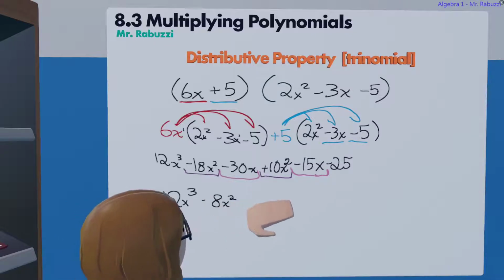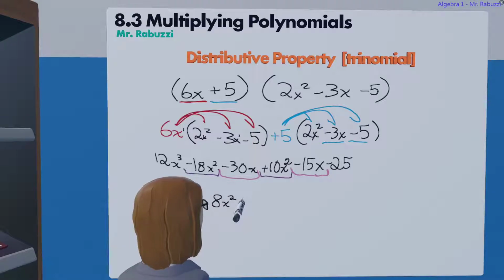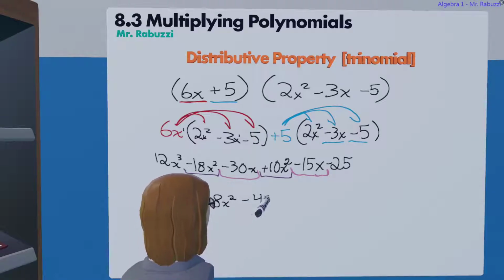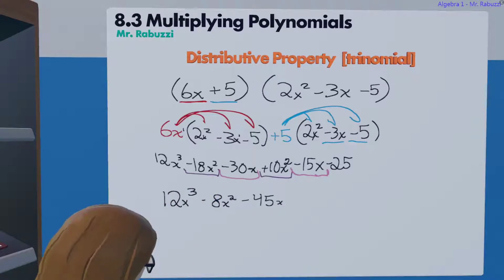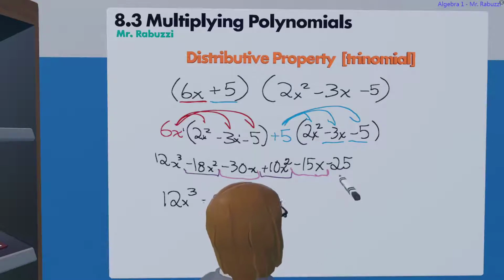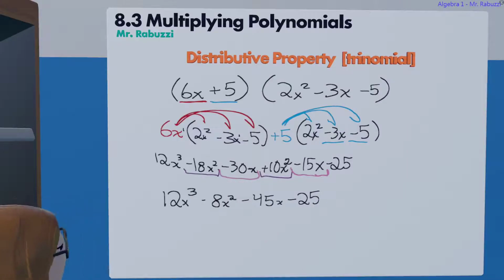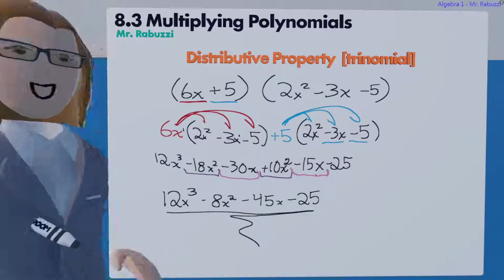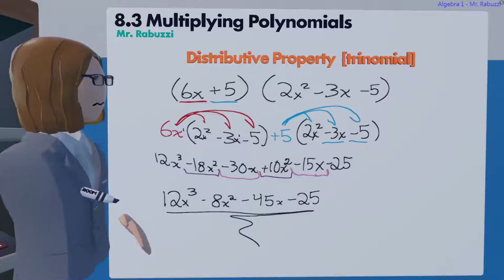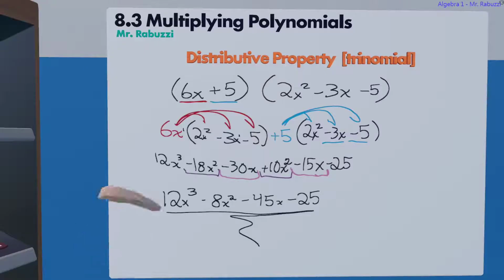Negative 30 minus 15. Well, in my calculator or in my brain, that's negative 45 x's. Okay. And then at the end, we had the plain number, which we did not combine with anything. So it's minus 25. So this gives you a nice long polynomial. This polynomial has 4 pieces. I don't know if that gets named a quadrinomial, something like that. But that is our final answer.